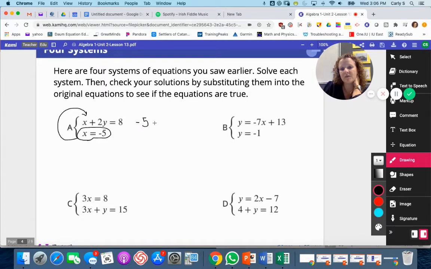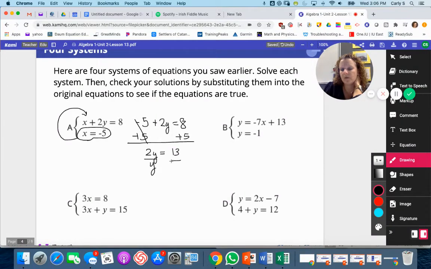So if I substitute instead of x, I'm going to write -5 and continue on. Solve for y, you learned this in pre-algebra. I'm going to add 5 to both sides, which is the opposite of -5. I'm left with 2y equals 13.